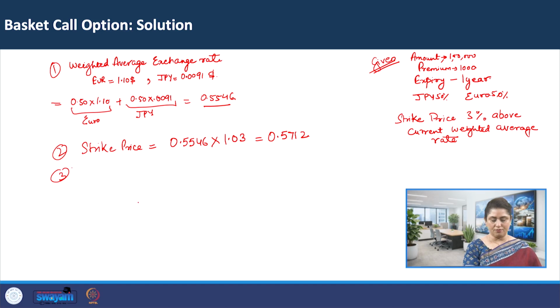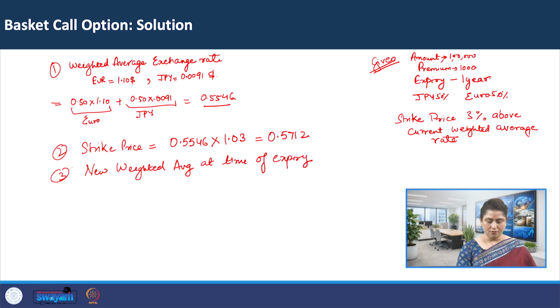Now, the third thing is that we have to find the new weighted average rate at the time of expiry. And how are we getting this? First of all, the euro USD exchange rate has changed and it has become 1.15, and the Japanese yen exchange rate has also changed and has become 0.0095.